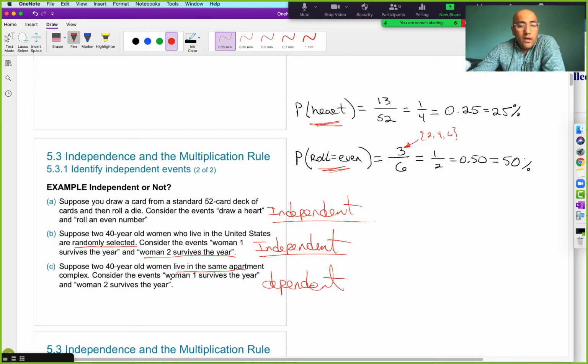Well, if this person and this person live in the same apartment building, there is a chance that this woman also went to the same farmer's market. And there's a chance this person also ate the same contaminated fruit. So if this person dies, it also is connected to this person. Again, all associated to the fact that they live in the same apartment building.